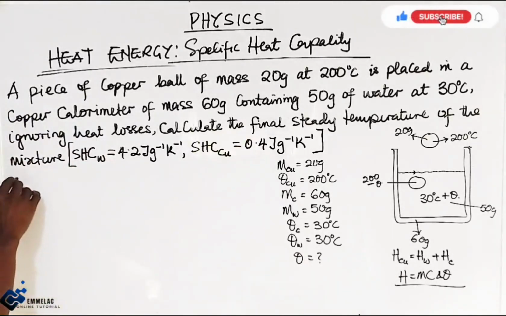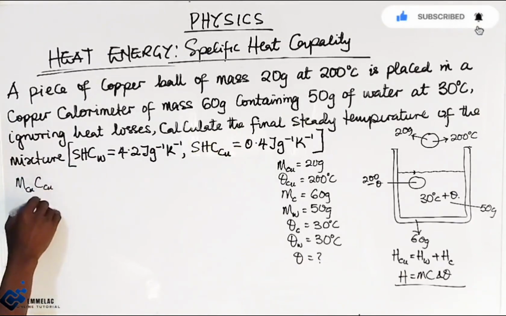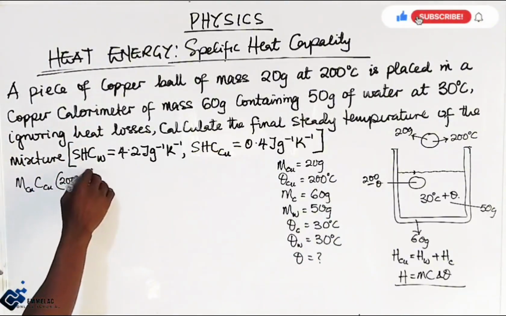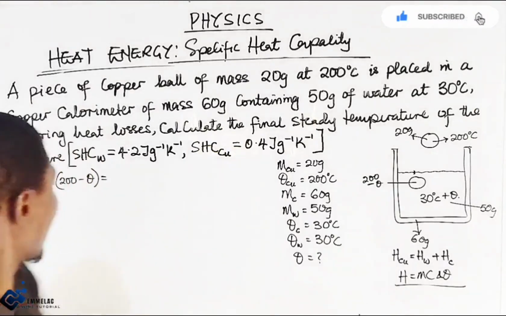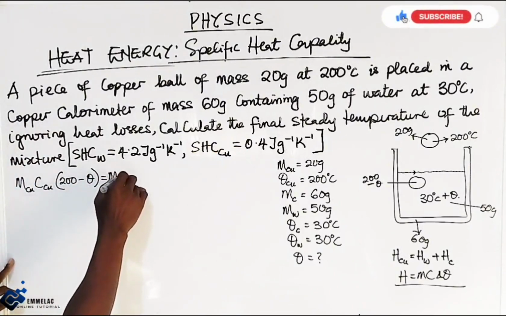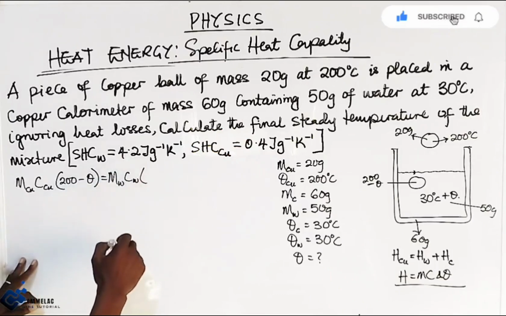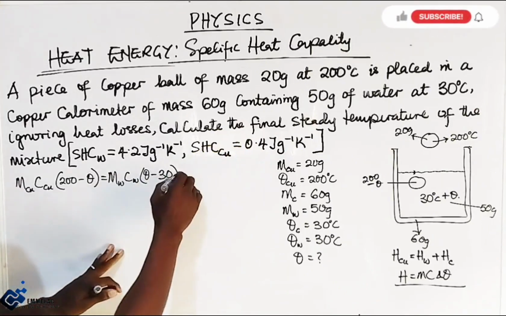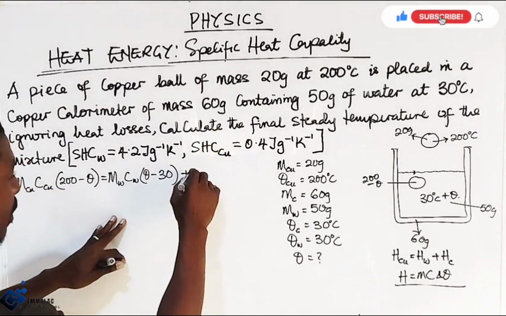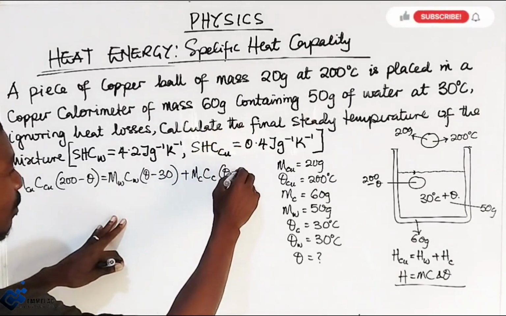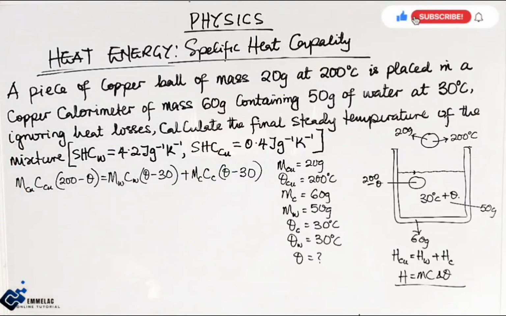For copper first, we have M_Cu times C_Cu times 200 minus theta, equals, for the water, the mass of water, the specific heat capacity of water, then the final temperature minus 30, plus, for the copper calorimeter, the mass of the copper calorimeter, the specific heat capacity of the calorimeter, and the final temperature minus the initial temperature. Now let us start solving.